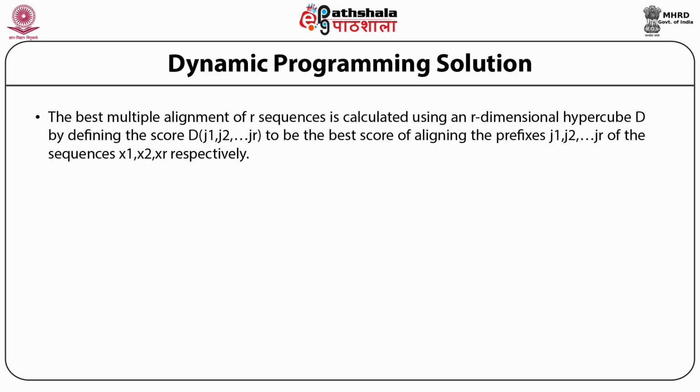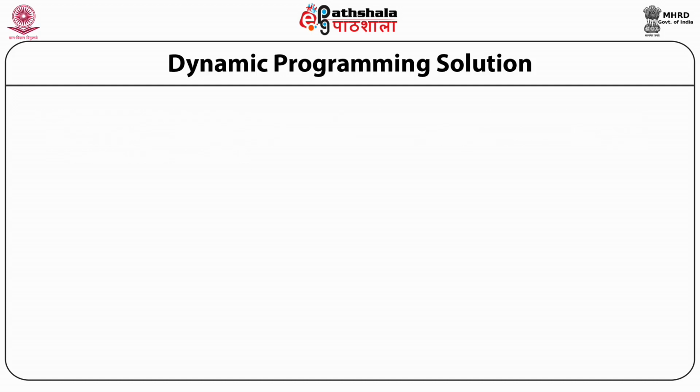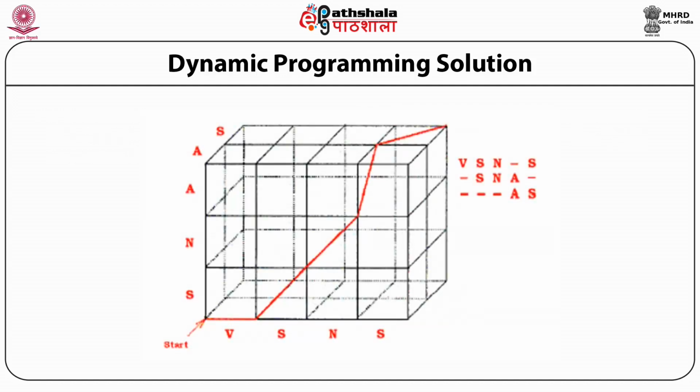But the trouble with this approach is the algorithmic complexity of the process. As we had seen for two sequence alignment, both the time and the space complexity in the general case is O(MN). It is the product of the lengths of the two sequences. Now if you have R such sequences, let's say of lengths M, N, P, Q, R, and so on and so forth, it will be the product of the lengths of all of them, and that number very rapidly becomes astronomically large.